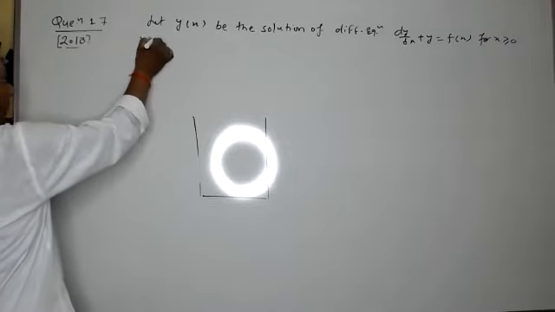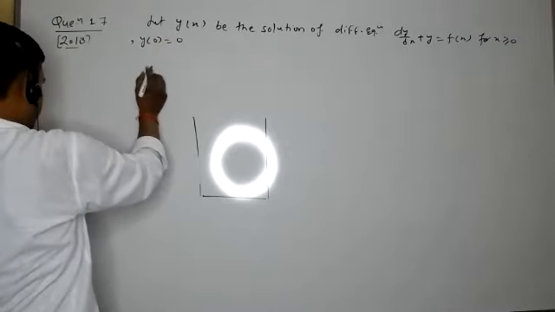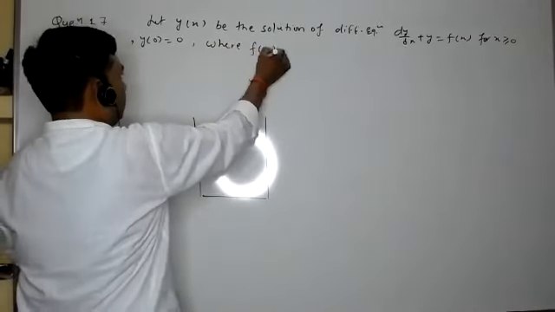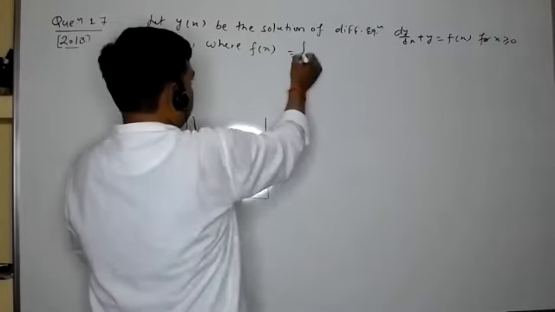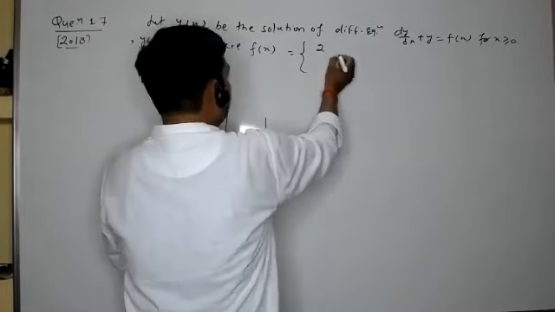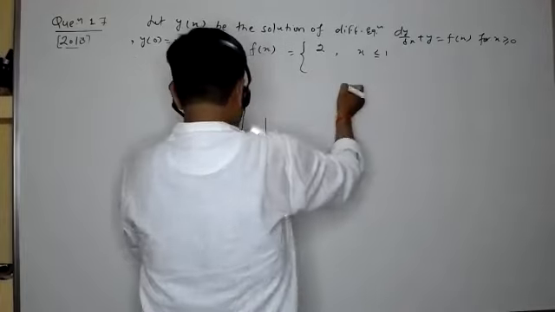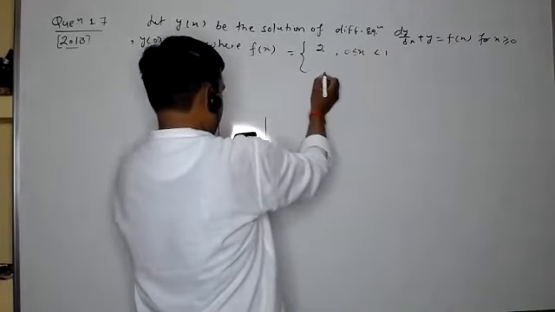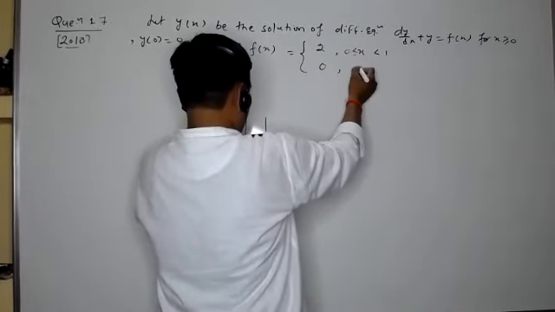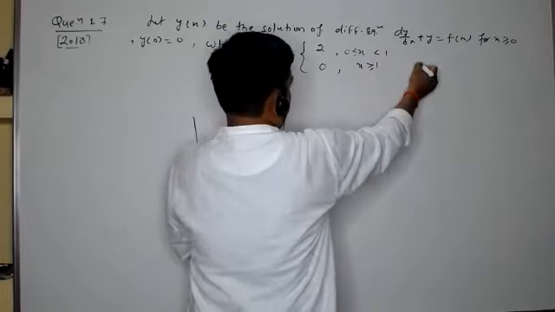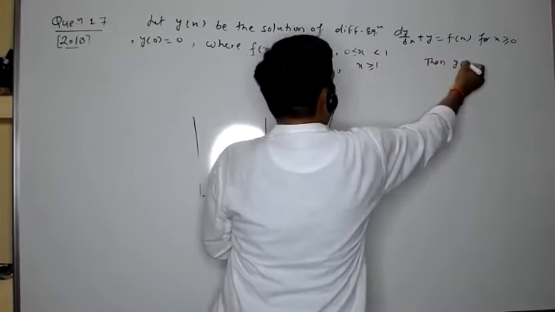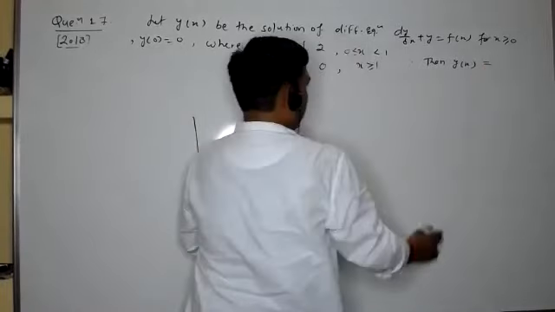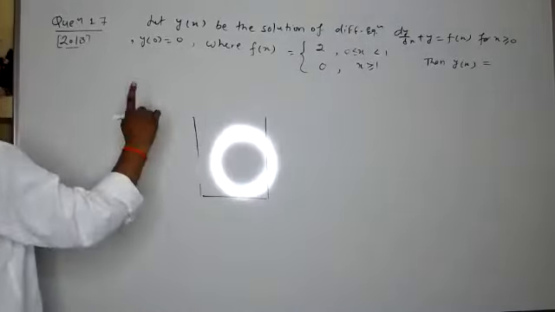Also given y at 0 equals 0, where f of x equals 2 when x is greater than or equal to 0 but less than 1, and f of x is 0 when x is greater than 1. Then they wish to have the solution for y of x.